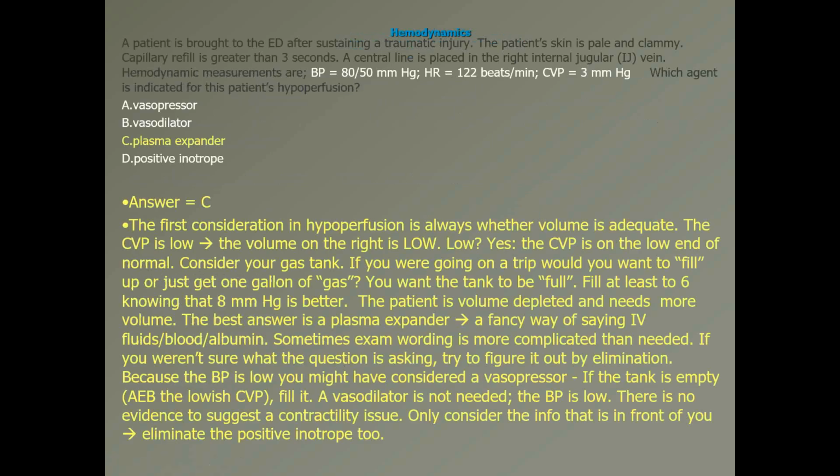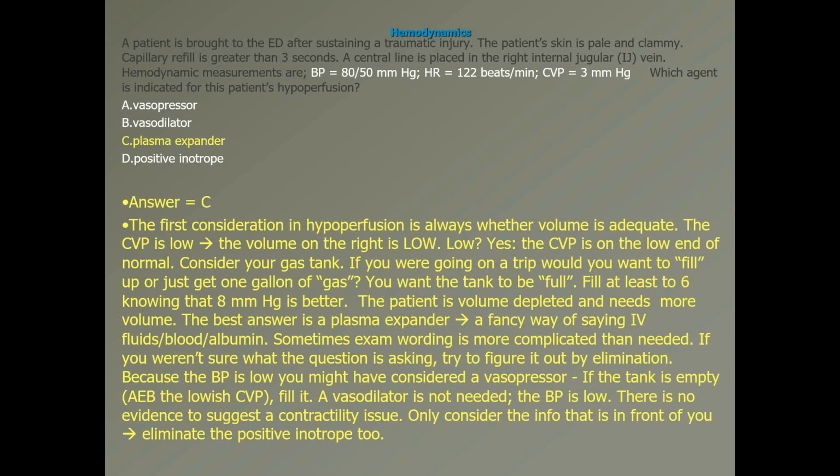Now, we can go in our heads one step further and say, well, this is a traumatic injury, so the best plasma expander or the best product that would fill the tank is a blood product, because if the patient is losing blood, well, then we need to refill the tank with blood.